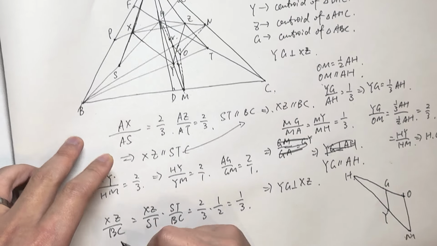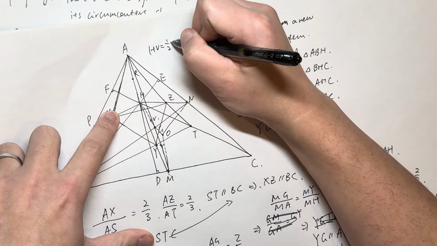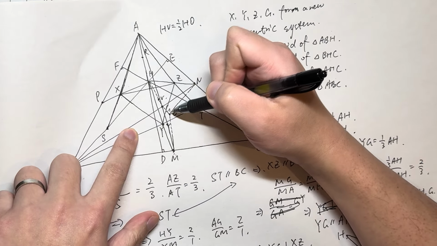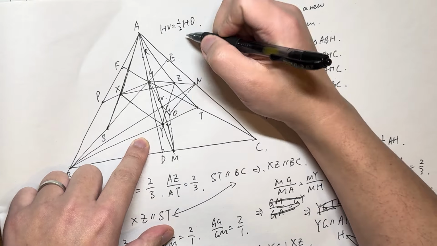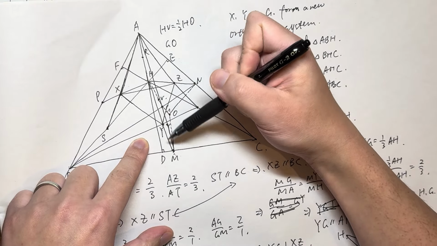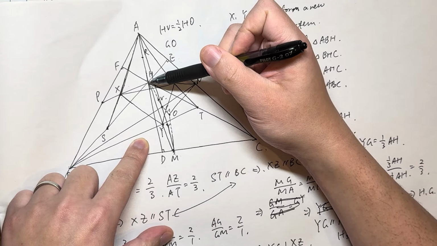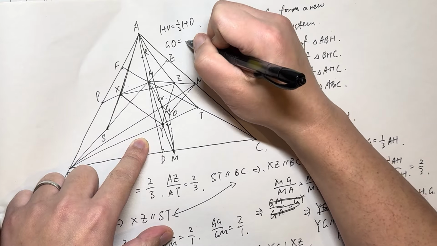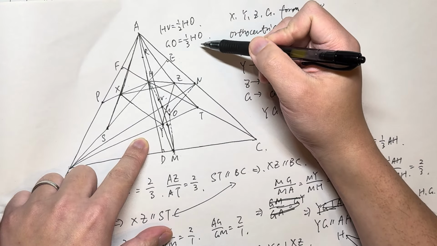And we already know that HV, let me write it here, HV is half of HO, right? HV is half of HO, and because MY to MH equals 1 to 3, that makes OG to OH 1 to 3, right?